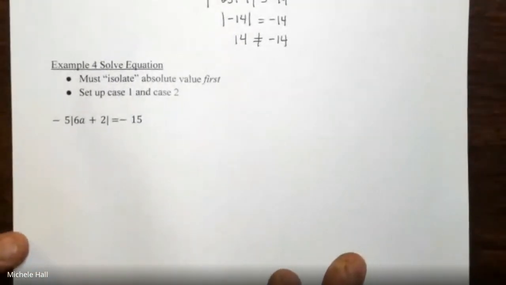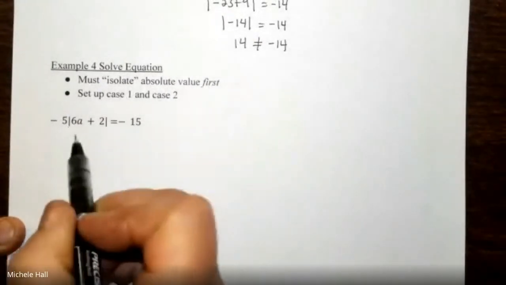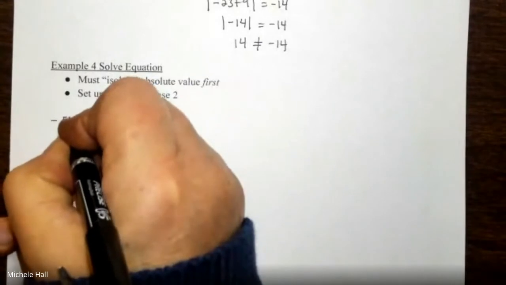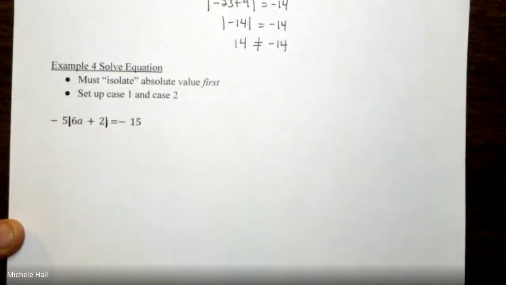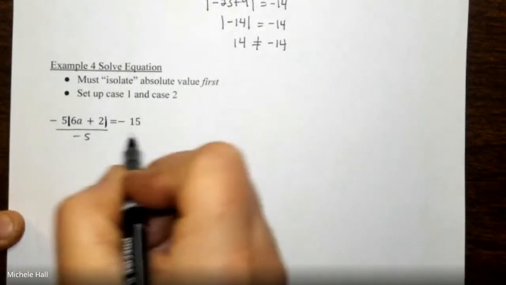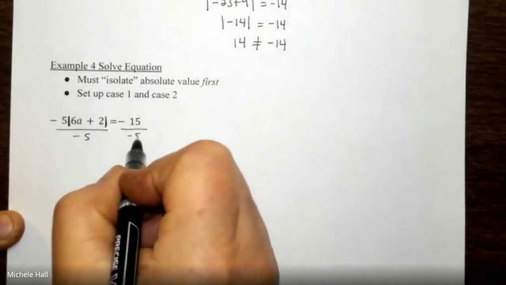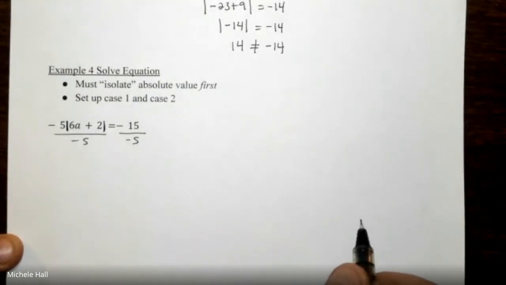Example 4, again, we have to isolate the absolute value first. Here's my absolute value. And I can see that my absolute value is being multiplied by -5. I need to undo that. I'm going to divide this side by -5, divide this side by -5, keeping the equation balanced by doing the same thing to both sides.